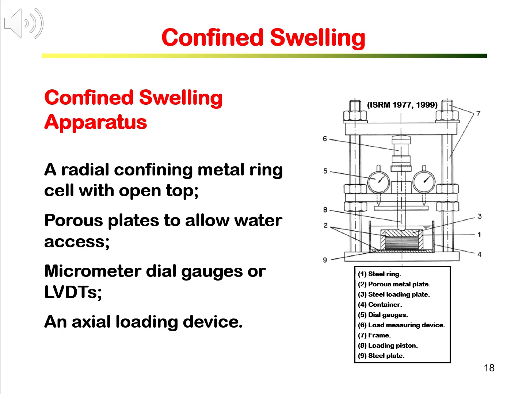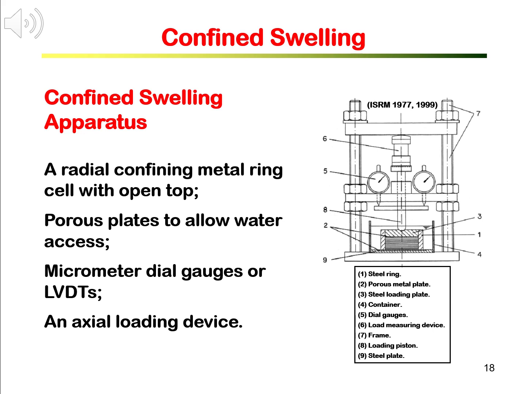In underground situations, rocks are subjected to confinement and confining stresses. This is why we need to do tests to measure swelling characteristics under confined conditions. Apparatus for confined swelling includes a radial confining metal ring cell with open top.